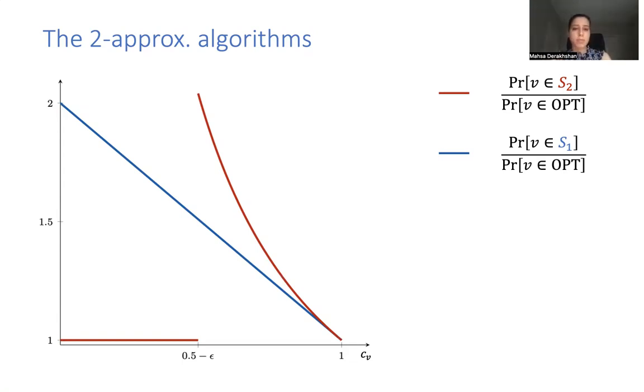An interesting observation here, though, is that any vertex that you take, any CV, right? For any CV, at least one of these two functions is upper bounded by 1.5 plus epsilon, right?